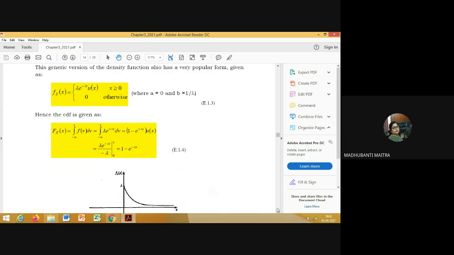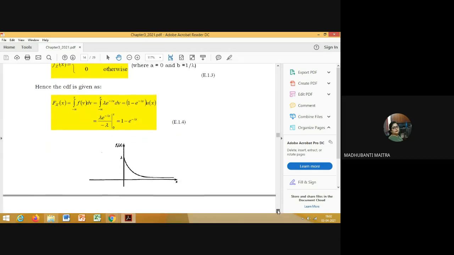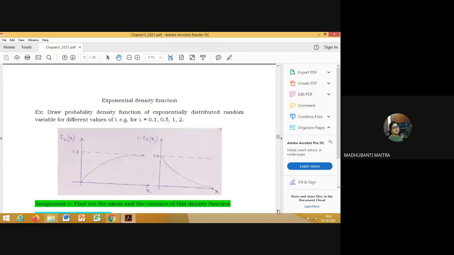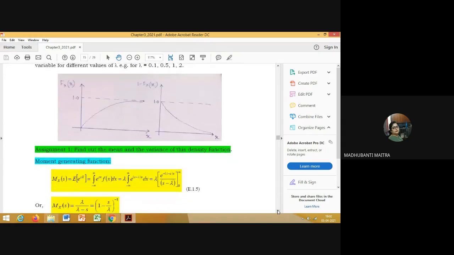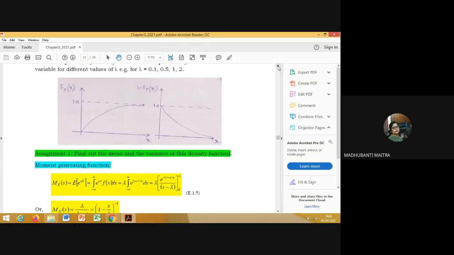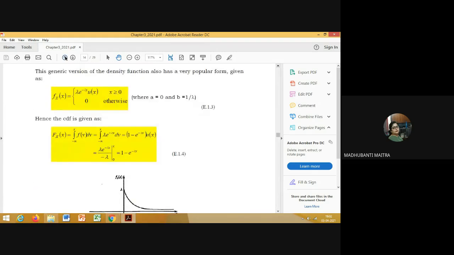Similarly, from this definition itself, we can find out the variance of this distribution, right? So your assignment is to find out the mean and the variance of the density function from the definition of the density function itself.